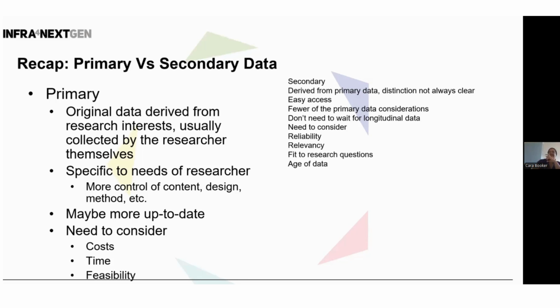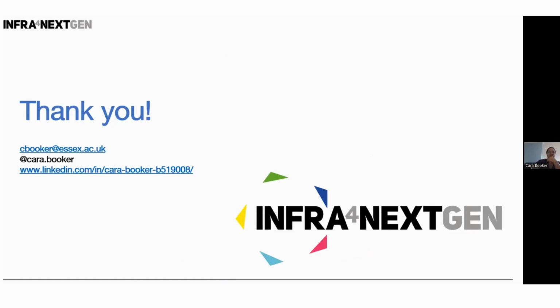It has easy access and fewer of the primary data considerations. You don't necessarily have to wait for longitudinal data, but you do have to consider the reliability, the relevancy, the fit to your specific research questions, and the age of the data. So thank you very much, and I am open to answering any questions.